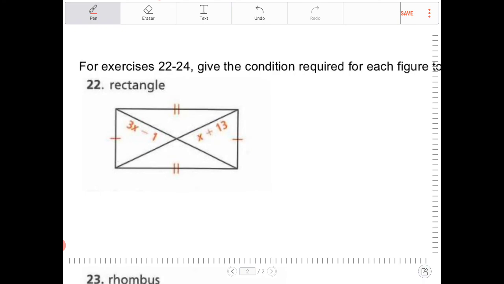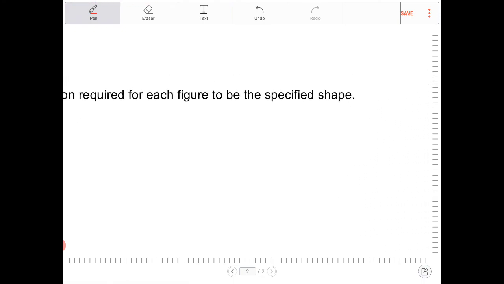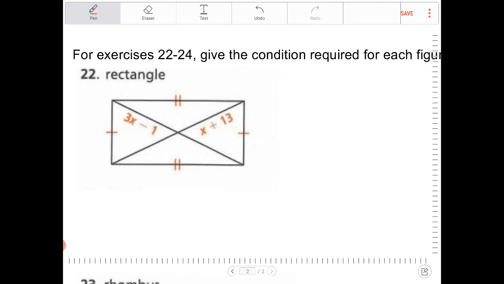Okay, exercise 22 to 24. Give the condition required for each figure to be the specified shape. A rectangle. So in order for this to be a rectangle, 3x minus 1 has to equal x plus 13, because all the diagonals have to be broken up into four congruent segments there.